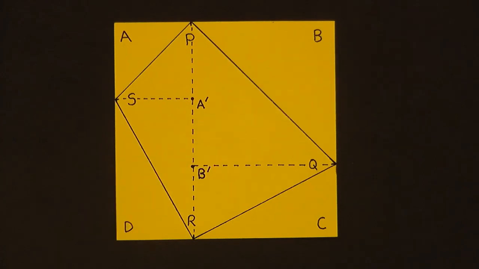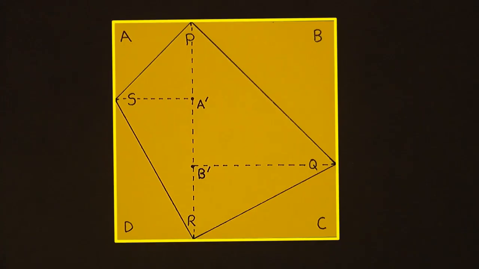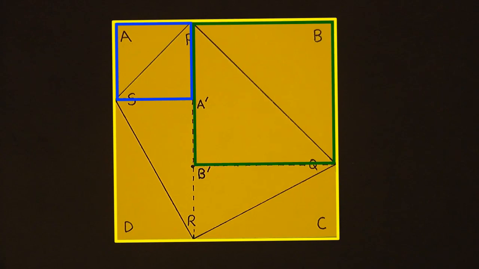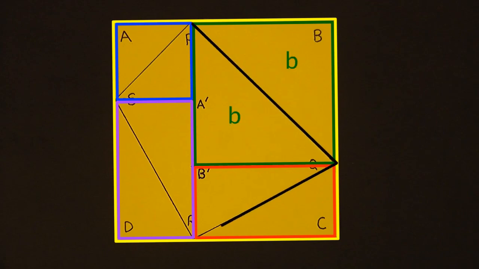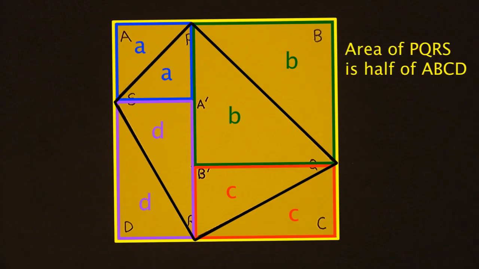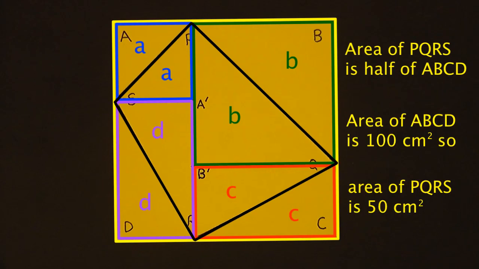So since the area of the square ABCD is equal to the sum of the areas of the quadrilaterals APA'S, PBQB', B'QCR, and SA'RD, and half of each of them lie inside the quadrilateral PQRS, I can say for sure that the quadrilateral PQRS has area 1/2 of the area of the square ABCD, which is 50 square centimetres, no matter where P is located.